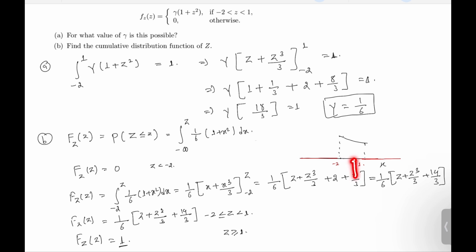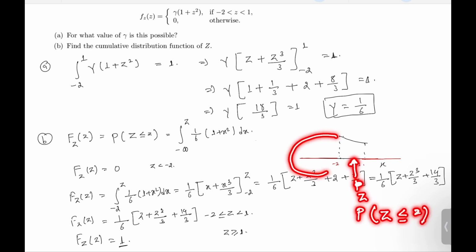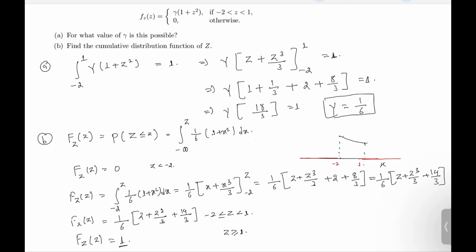You want the probability that the random variable takes a value up to this point. You add this probability, that is 0, plus you put this z here, and you get the probability till this range. Adding these parts, overall you will have the accumulated probabilities.